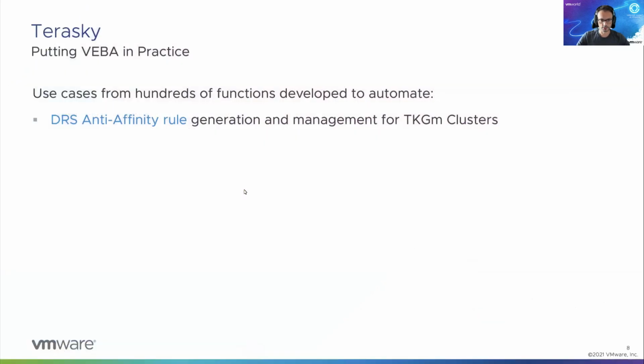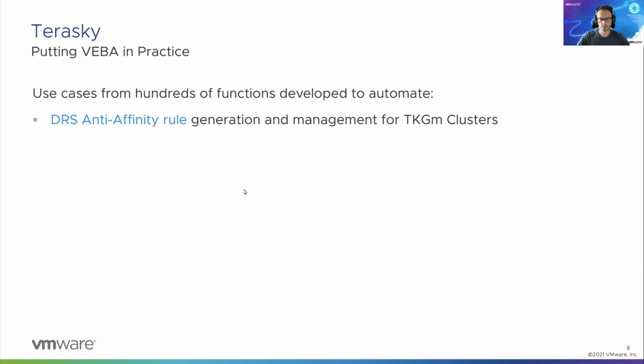Scott also shared use cases, how he's using VEBA in production at his company. And so here's a compiled list of some of the main use cases he's built functions on VEBA to simplify his daily job. So first of all, one of the key use cases he has is creating DRS anti-affinity rules for TKGM clusters. TKGM is a VMware Kubernetes distribution.